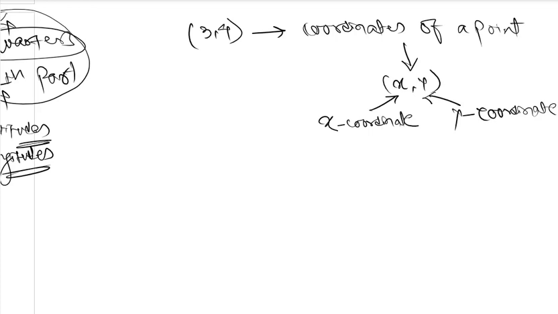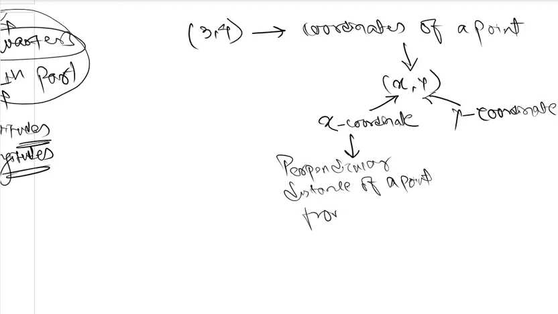Now you will ask me, sir, what is x coordinate? X coordinate, in simple terms, is the perpendicular distance of a point from y-axis.